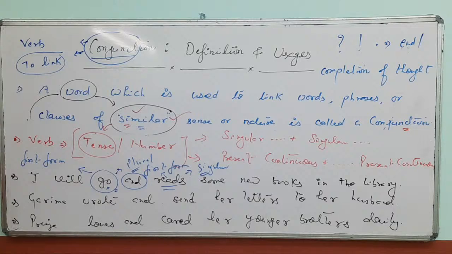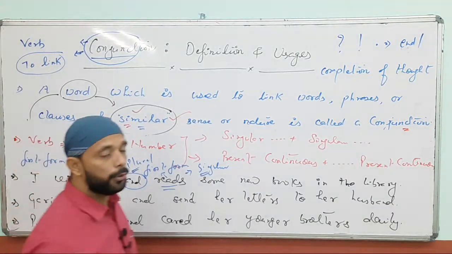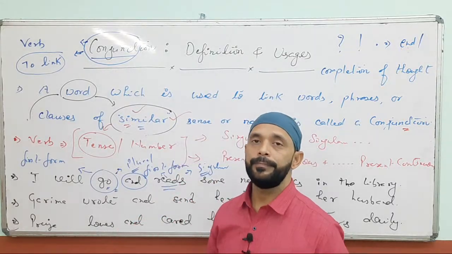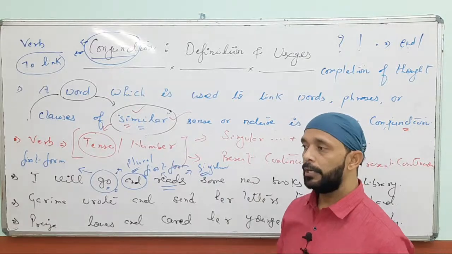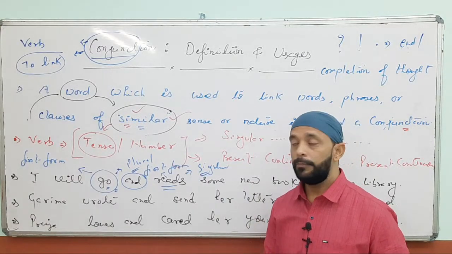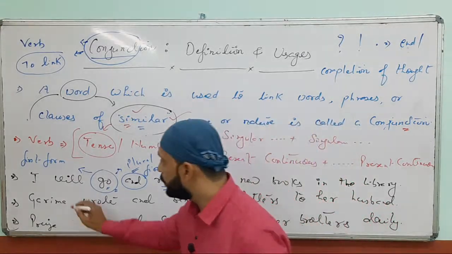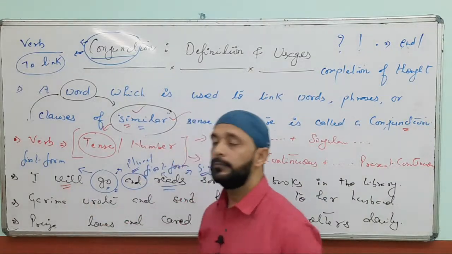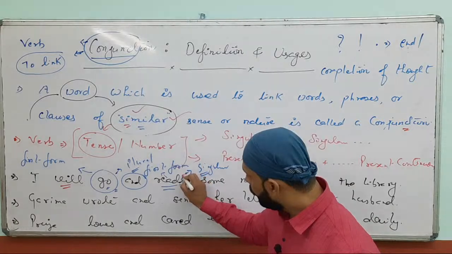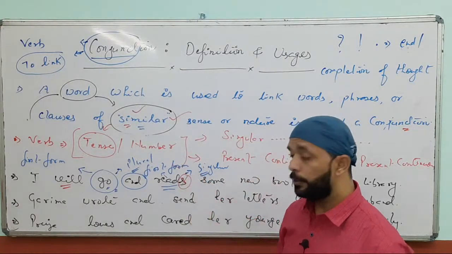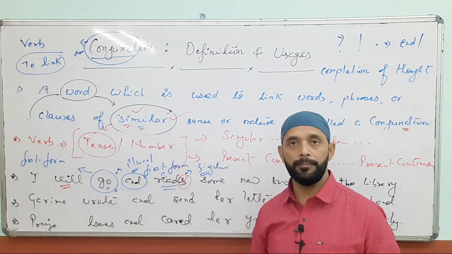It is an error. So simply what will you do? According to your need, you will change. What is your need? Your need is to put the number of verbs in plural because you have already an auxiliary here, will. So you will remove s from here so that it can be similar in number.